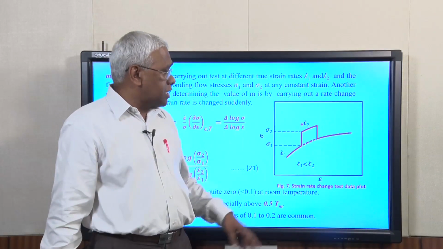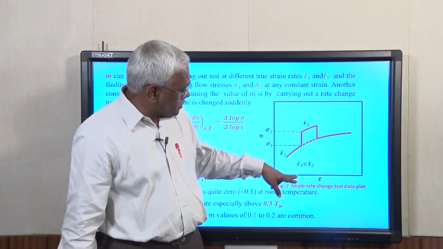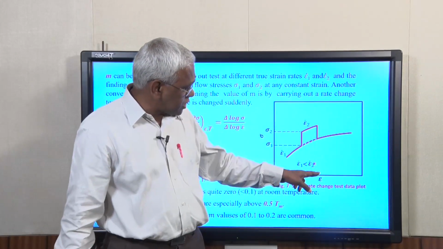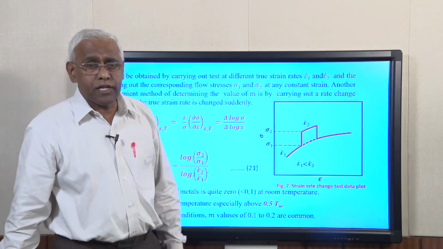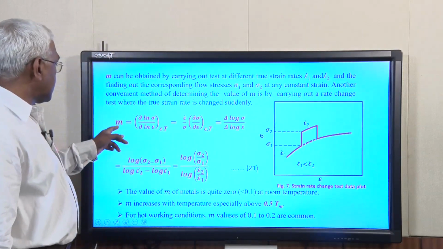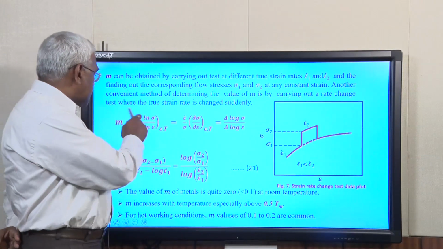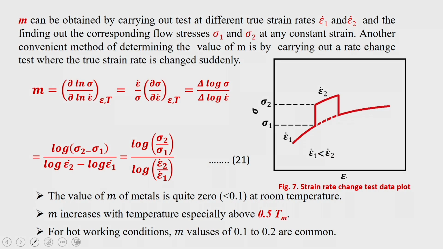From this value you can always calculate m for different strain values, by the basic definition m is equal to del log sigma by del log epsilon dot at a constant strain and temperature.